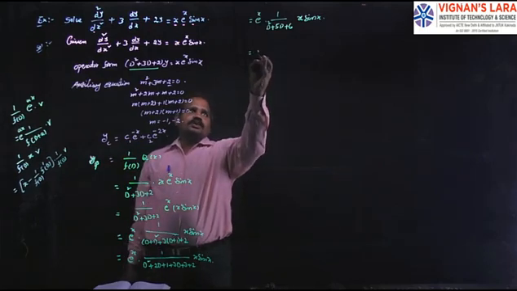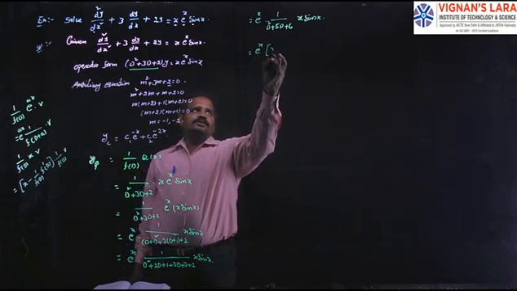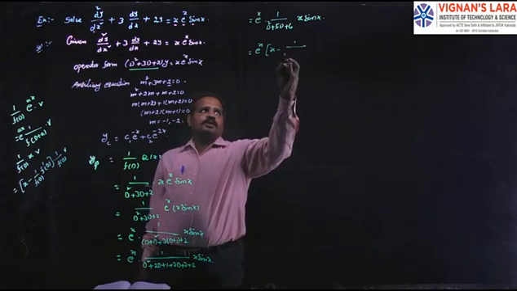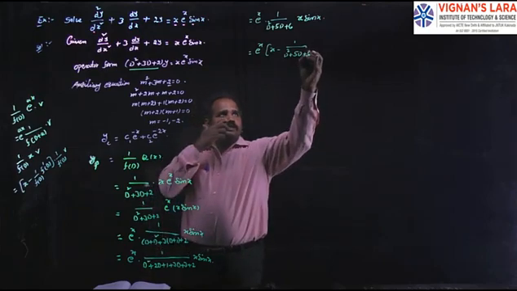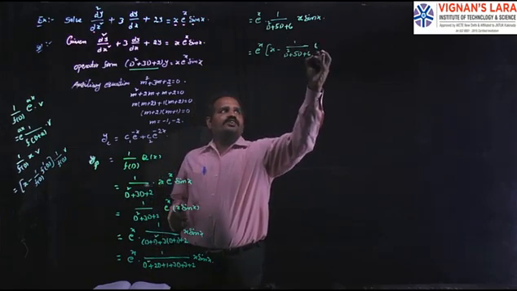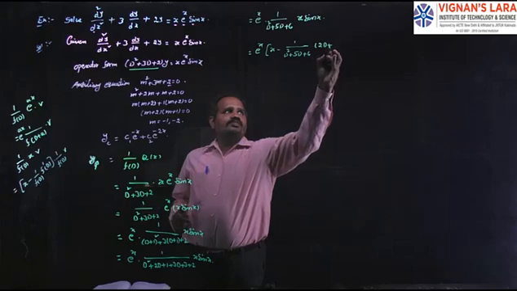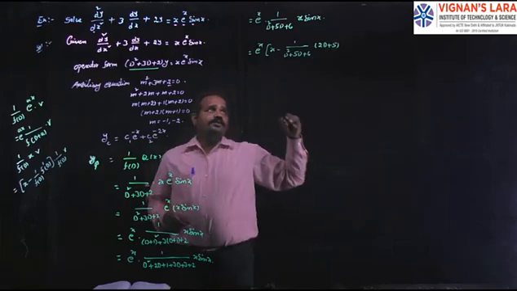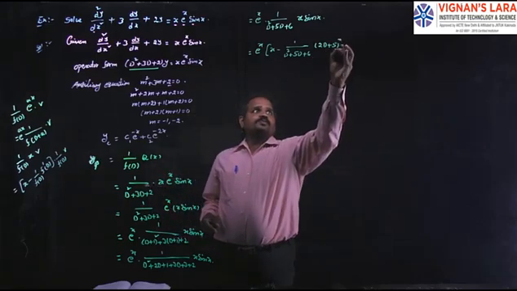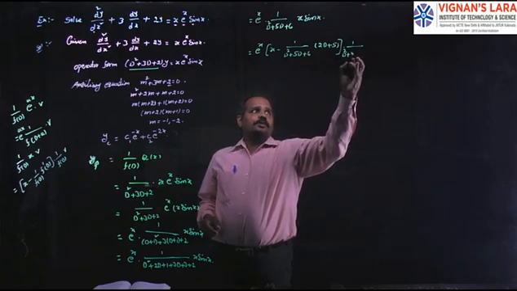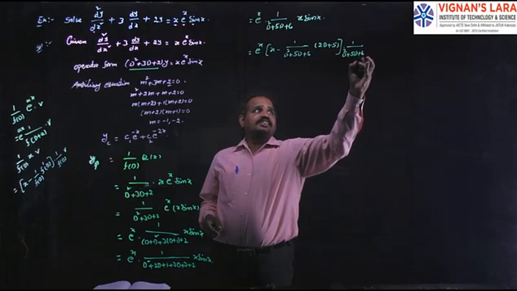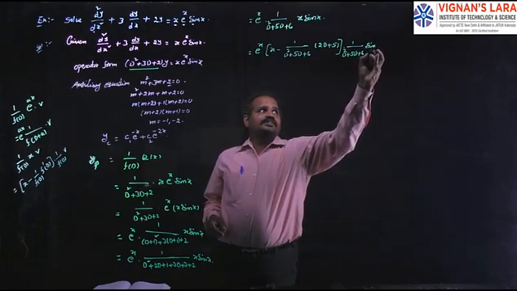Which is equal to e power x into x minus 1 by f of d, the f of d value being d square plus 5d plus 6, into f dash. What is the derivative of f? Derivative of d square is 2d, plus 5d derivative is 5, into 1 by f of d value d square plus 5d plus 6 into sin x.